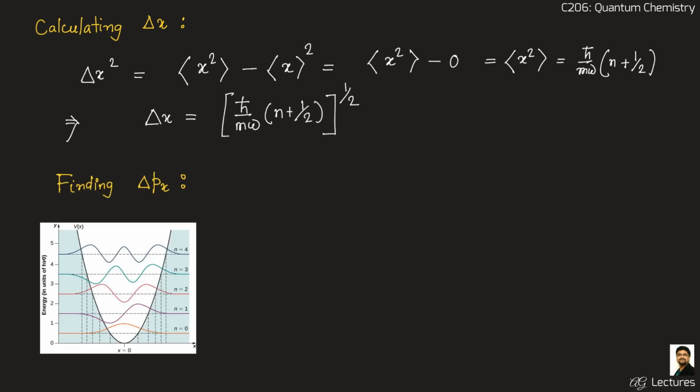So as I told, we'll be using the smaller tricks to find Δpx. The trick is that although it's a quantum oscillator, we'll be using the classical picture to find the px maximum and px minimum based on simple harmonic motion, right? We know that when the particle is crossing x = 0, that is when it attains its maximum velocity. So the px max is going to be at x = 0.